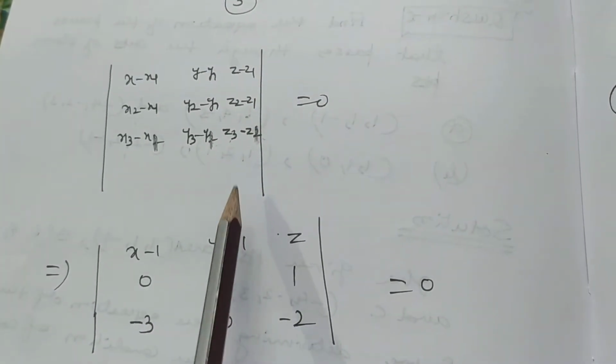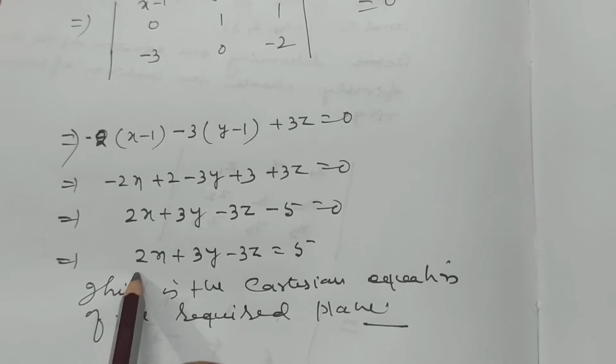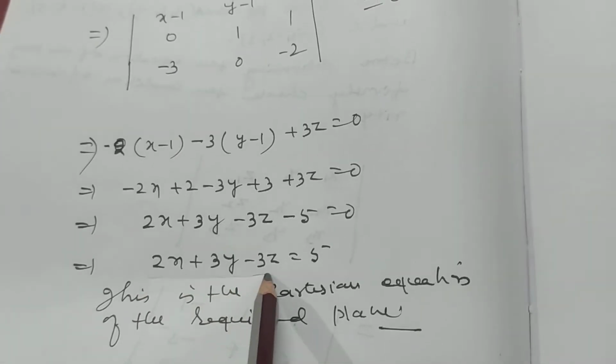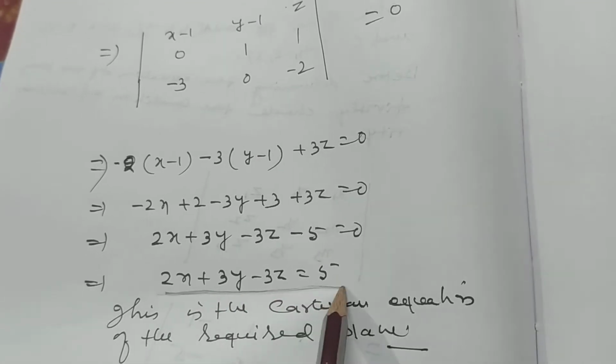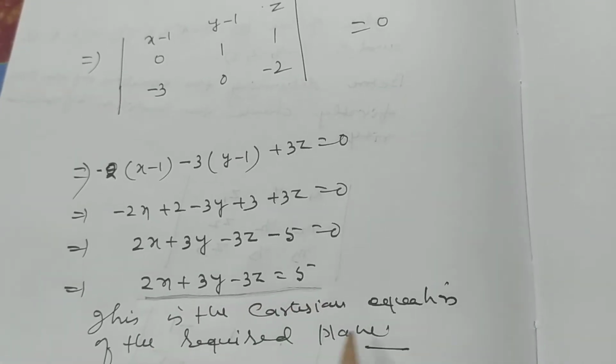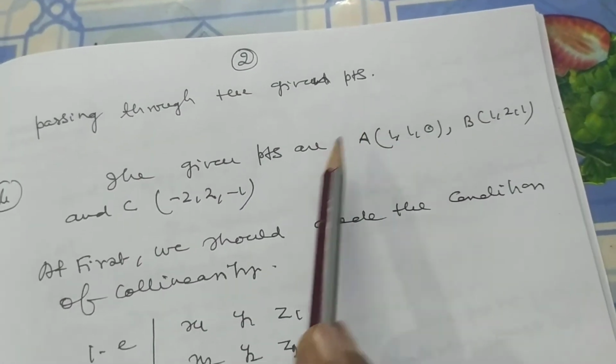This will be the equation of the plane passing through 3 non-collinear points. After solving it, we will get 2x plus 3y minus 3z is equal to 5. This is the Cartesian equation of the required plane passing through the 3 given points.